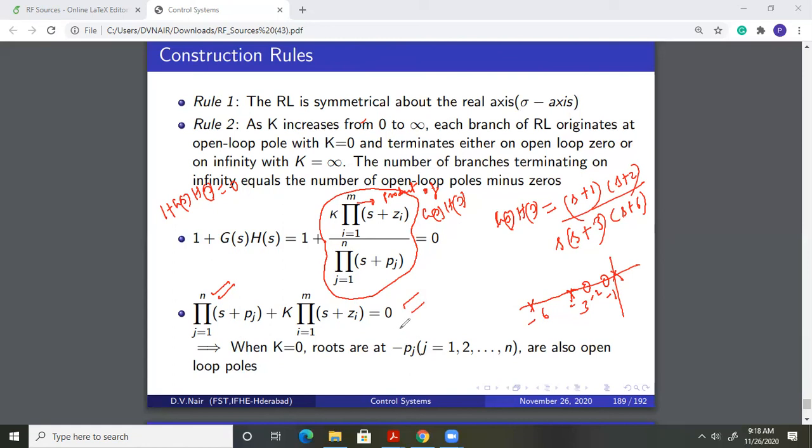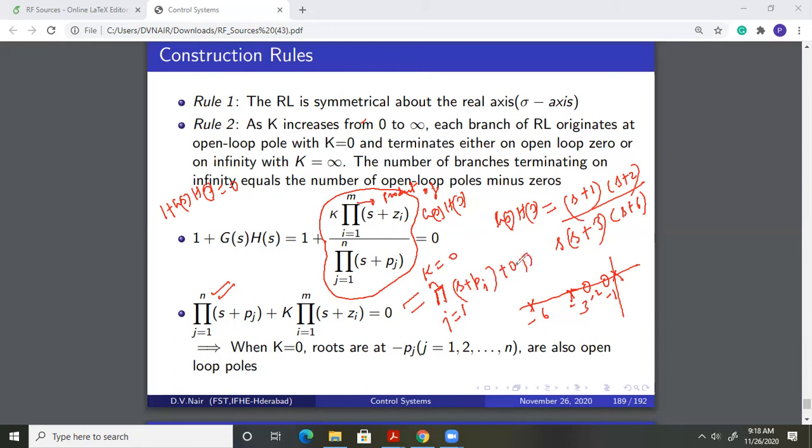Now, in this form of characteristic equation, when I put k equal to 0, what will this become? On k equal to 0, it will become the product, pi for j equal to 1 to n, of (s plus pj), plus 0.